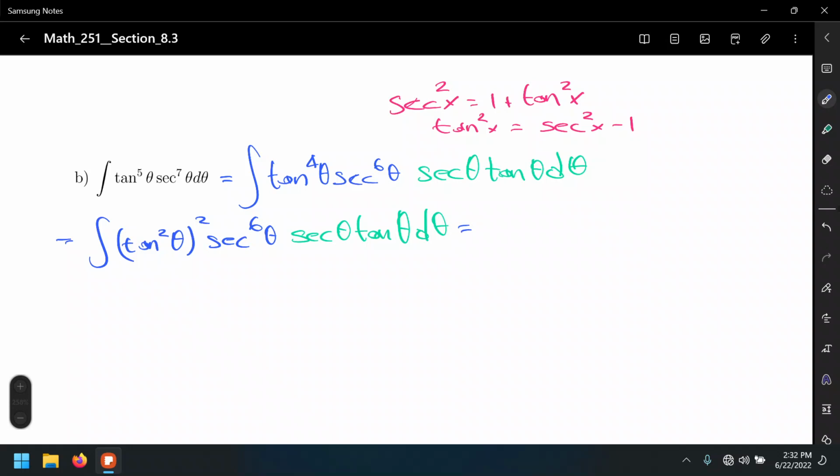Tangent squared is going to be replaced over here. So that's the integral of secant squared minus 1 squared times secant to the 6th, secant tangent.